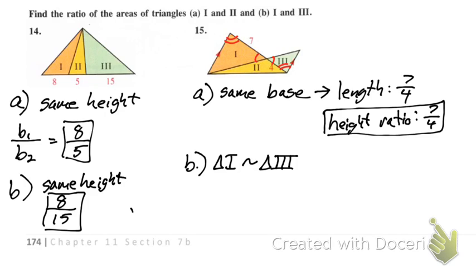And so we are going to have 7 over 4 as the ratio between the two, but we need to square it to get the area, so it's 49 over 16. Similar tells you to square.